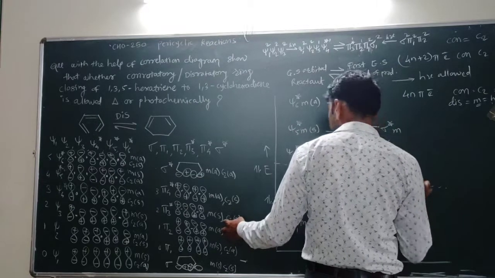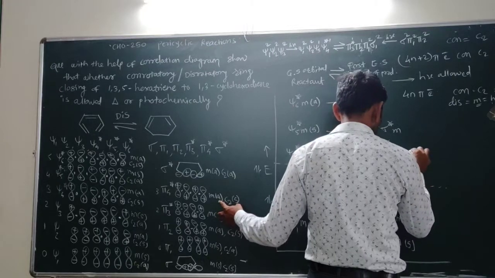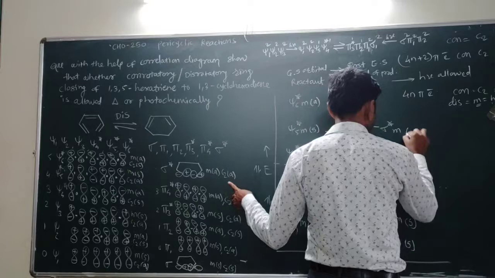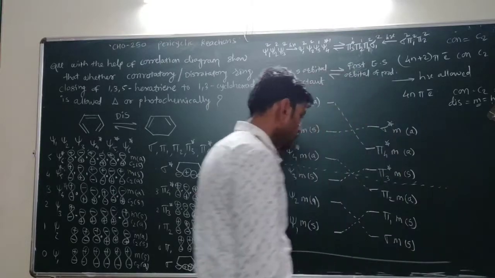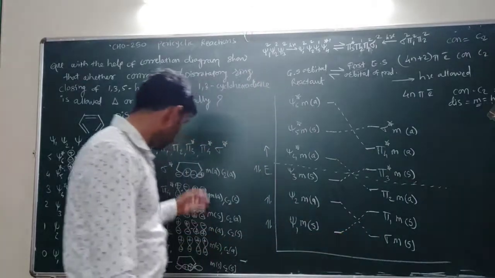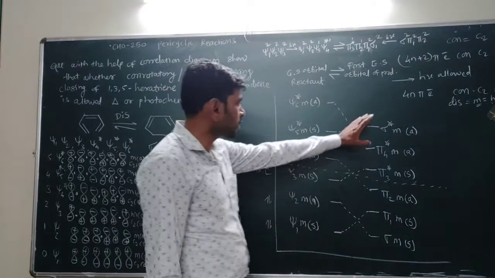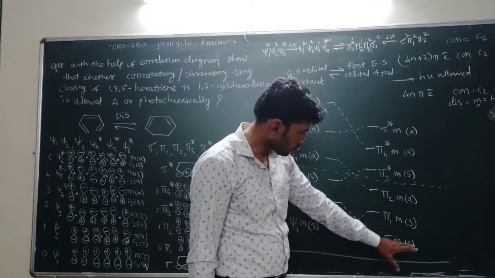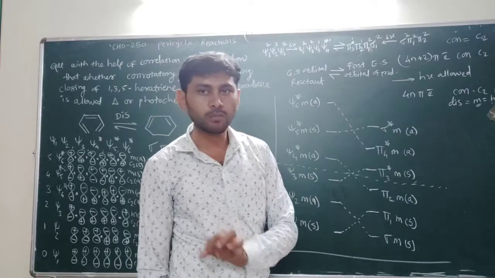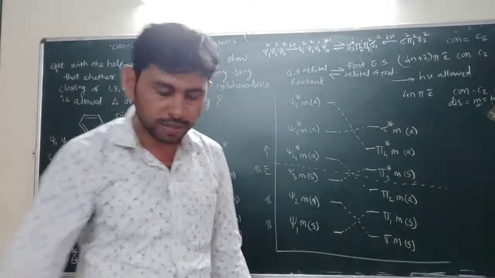For pi4 star, M asymmetric. And for sigma star, M asymmetric. So the M symmetric and asymmetric labels are obtained by drawing the orbitals. Why M symmetries? Because this rotatory motion is always associated with M symmetries.